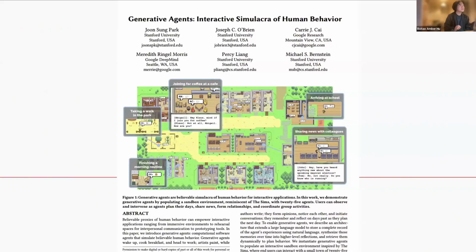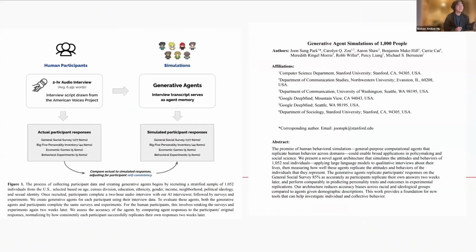The idea is basically coming from this original paper called Generative Agents, which is very famous for Stanford's town. It's a kind of human simulation that can simulate most human behavior. After one year, there was another paper, Generative Agent Simulation of 1,000 People.